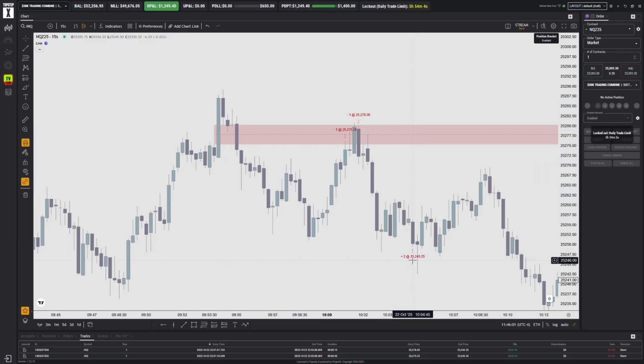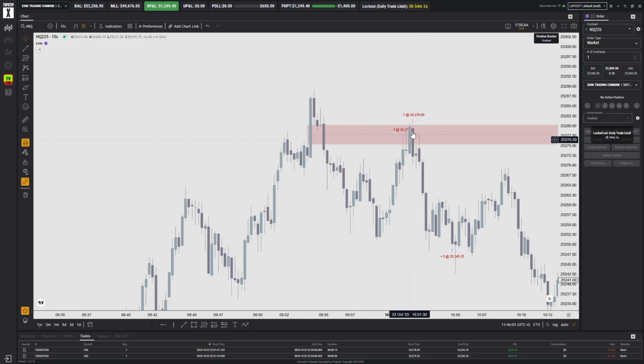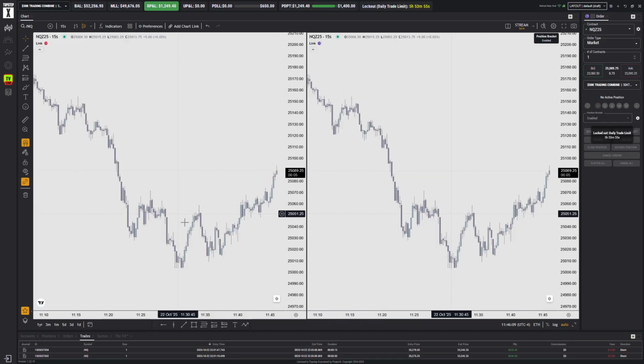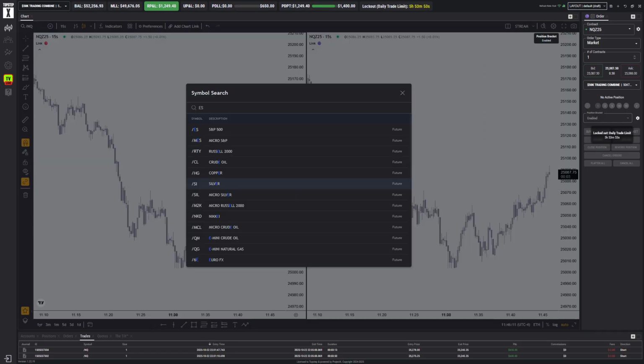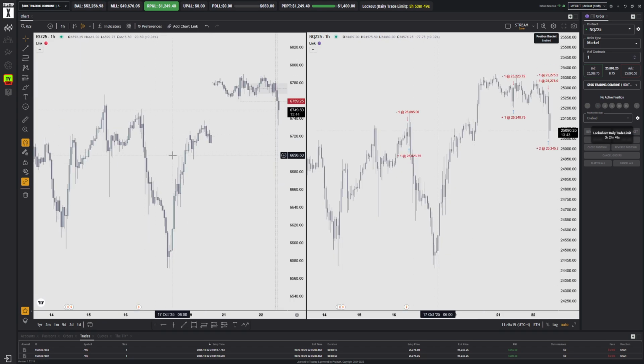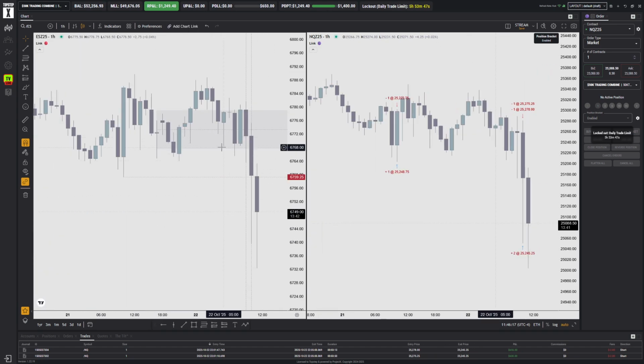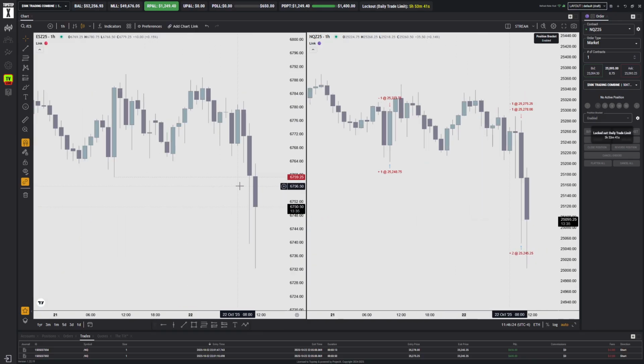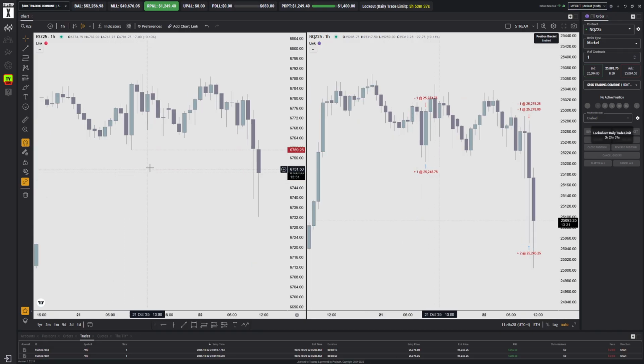Right, the reason why I took this short over here is because if we take a look at ES on the 1 hour time frame, notice at that point in time, ES had not taken out this low right here.